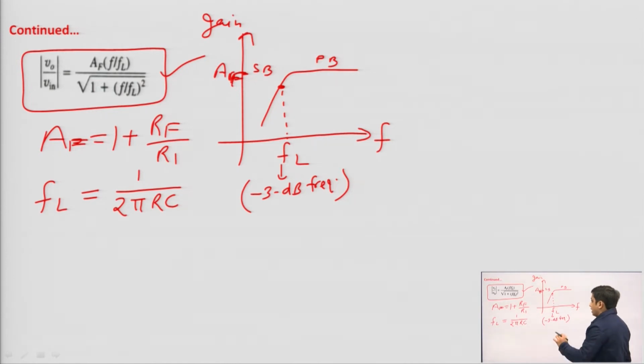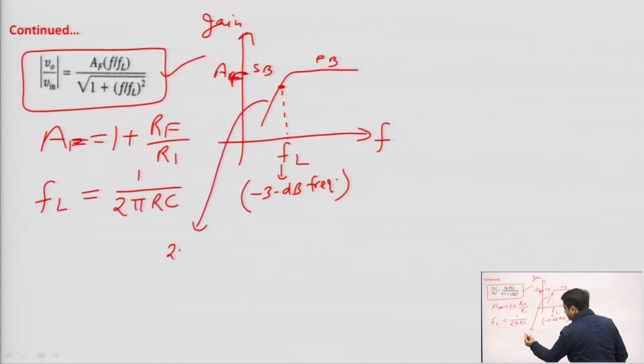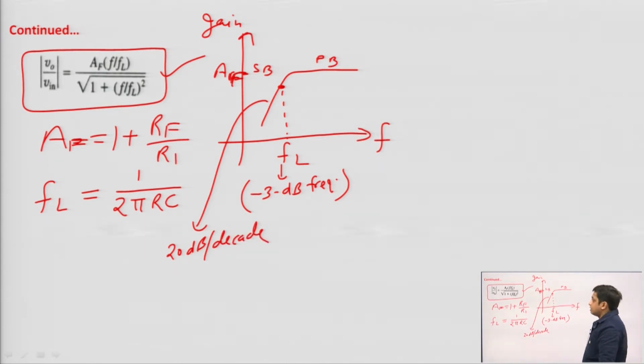And the rate at which this gain is reduced is 20 dB per decade for the first order high pass filter. For the second order high pass filter, it will be 40 dB per decade.